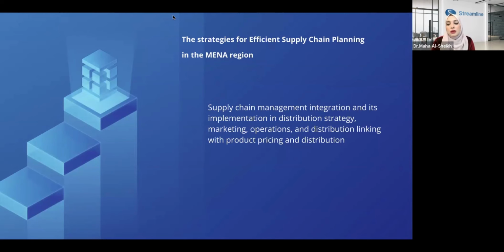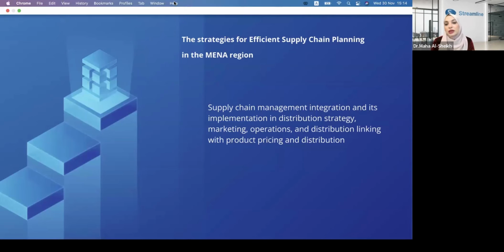Why? Because we do not have a clear vision of supply chain innovation related to risk management capabilities. We have that gap. I believe that Streamline can help the supply chain network, which is related to core competencies within companies.